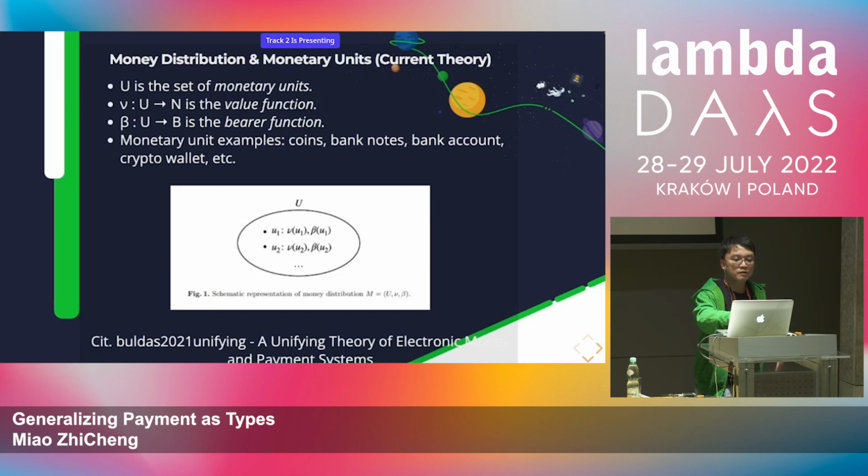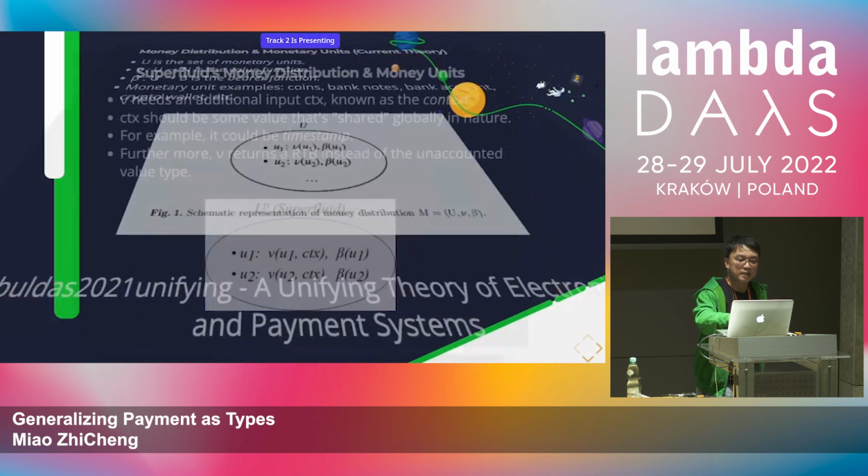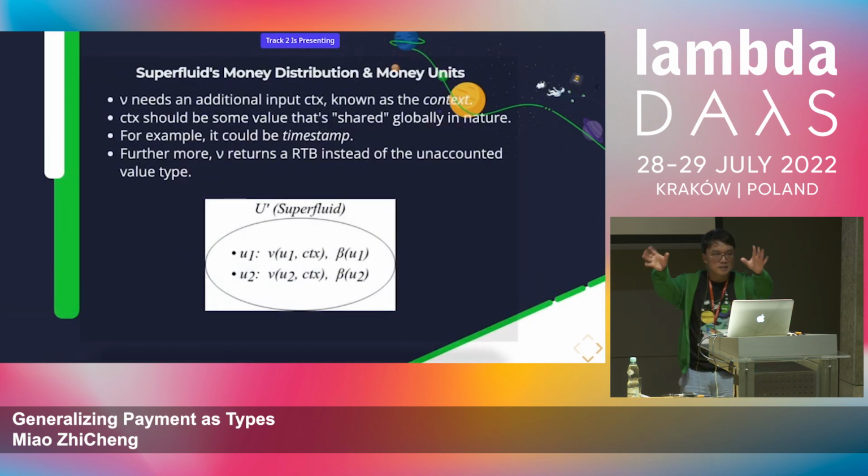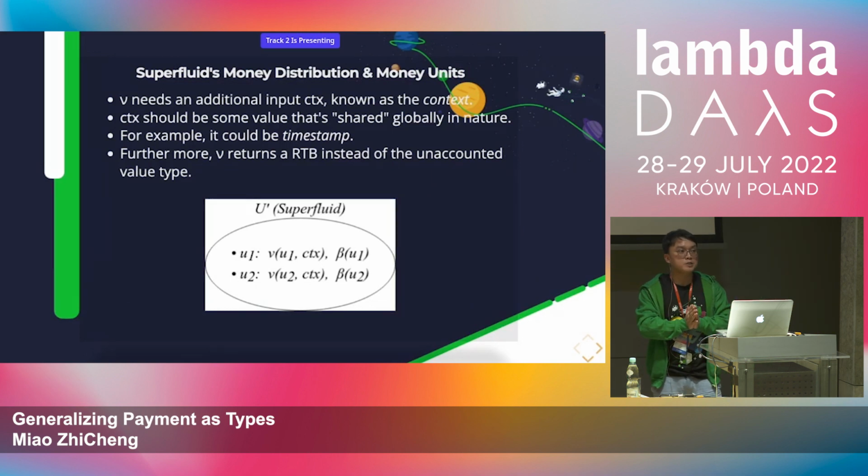So I told the one behind the paper that, okay, Superfluid is basically stealing your idea, but adding context. Right? So all we did here is that in a new function, instead of just getting the value, you give a context, the CTX here. The CTX here, in the case of Superfluid, is simply the timestamp. So when you calculate your balance, it's no longer a simple input-output based on what's a monetary unit, but you also take into account time.